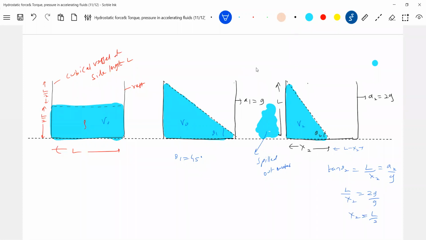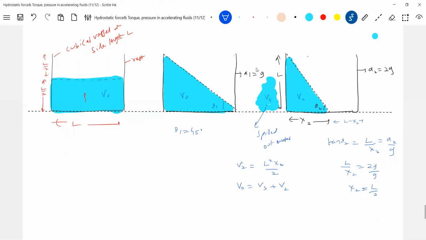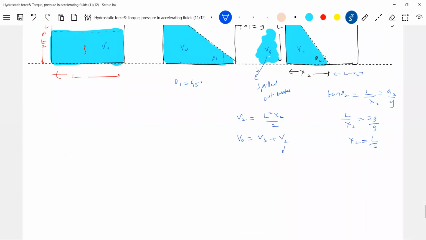Can we calculate the volume of water present inside? It should be L square x2 by 2. What is the volume spilled out? Vs, I'll write it. Overall volume should be equal to water inside the tank plus water spilled out.